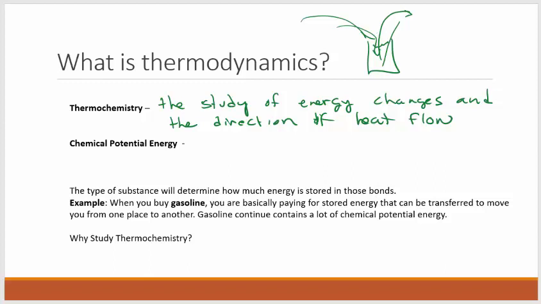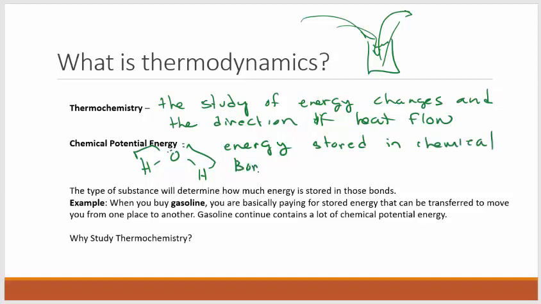Okay, so the next thing we want to talk about is chemical potential energy. Let's say you're looking at a chemical. Let's just say, for example, it's water. The water has this structure. You've got a hydrogen bonded with an oxygen, another hydrogen bonded with an oxygen. So chemical potential energy is the energy stored in chemical bonds.